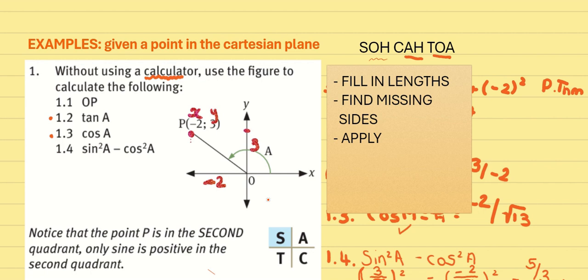But we want to just get the length opposite. So if this side here is 3, then this is also 3. So that is what I meant by fill in the lengths. Then we did Pythagoras, and we found that the hypotenuse here is the square root of 13. And once your rack is complete, you can answer any questions that they ask you because you have all the sides that you would need.